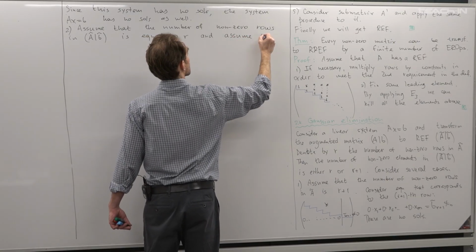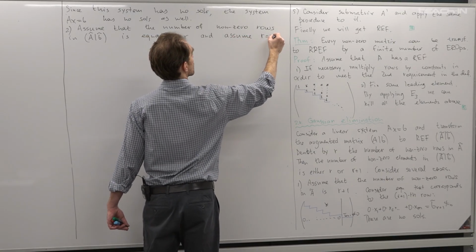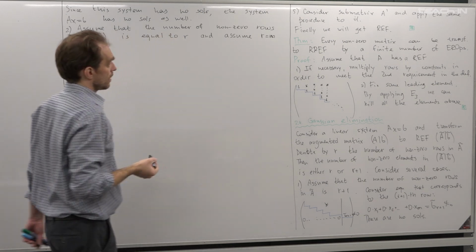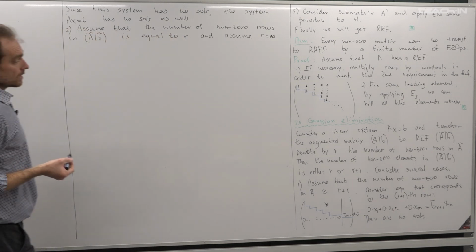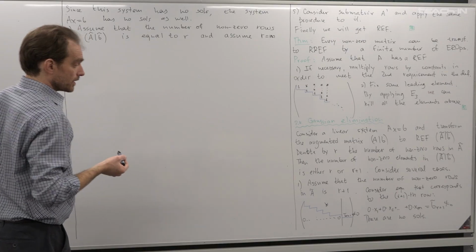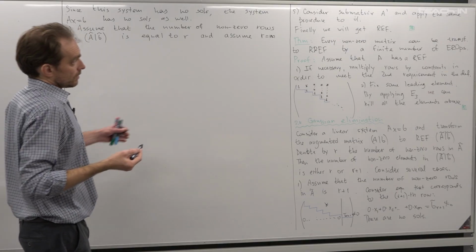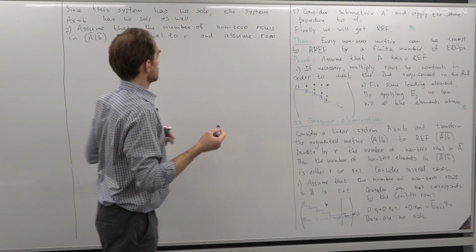Assume R equals M, which is the number of unknowns. So what does this mean? This means that M is also the number of columns.